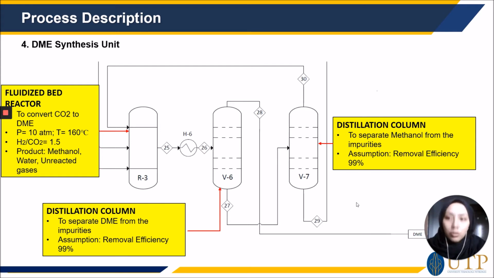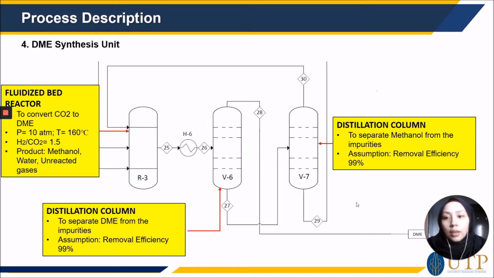From the reactor, the product that we get is methanol, water, and also the unreacted gases. So the product will be moved to the separator to get our main product, which is DME, to separate DME from the impurities. The assumption here is the removal efficiency is around 99%.